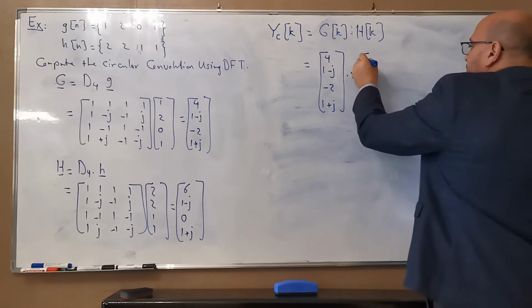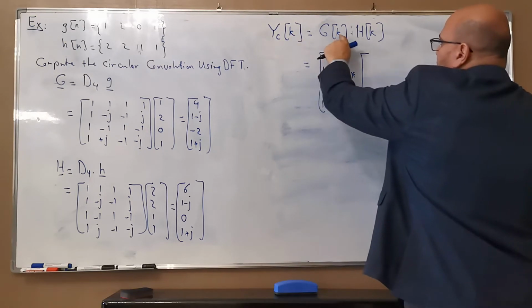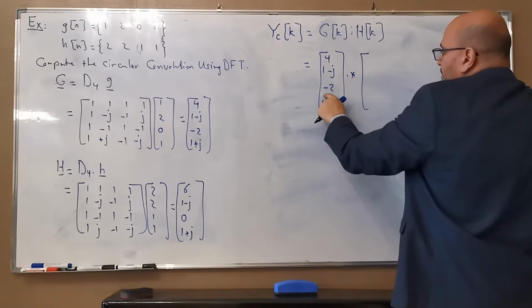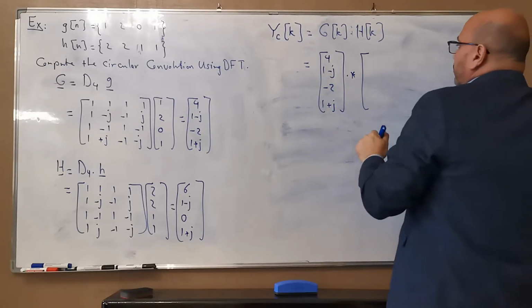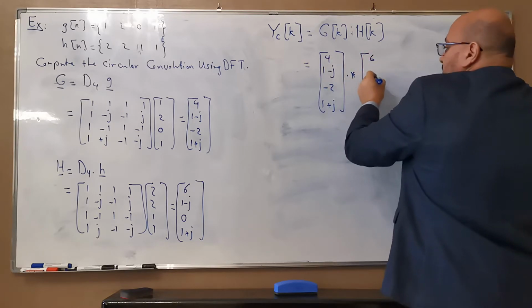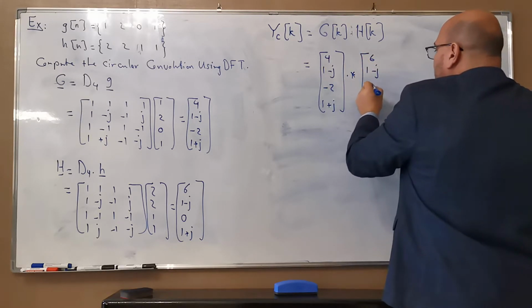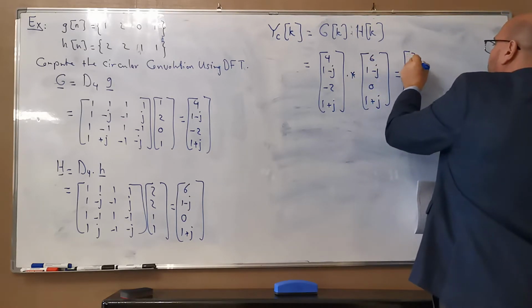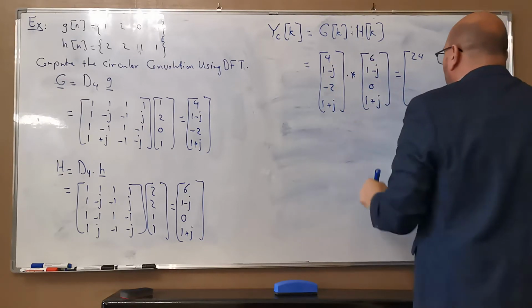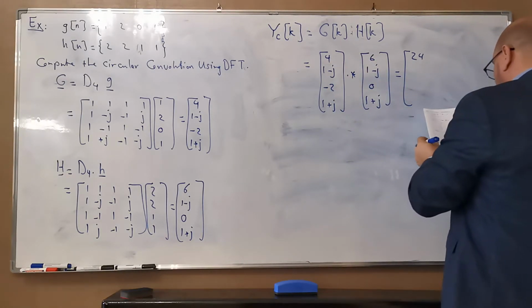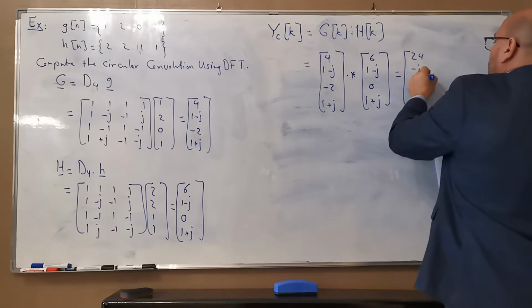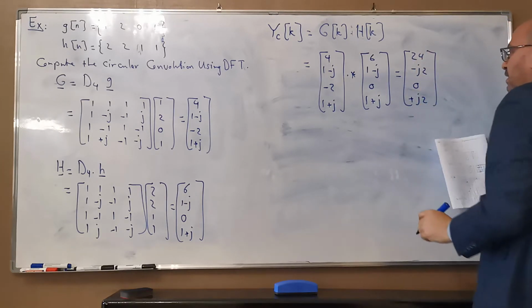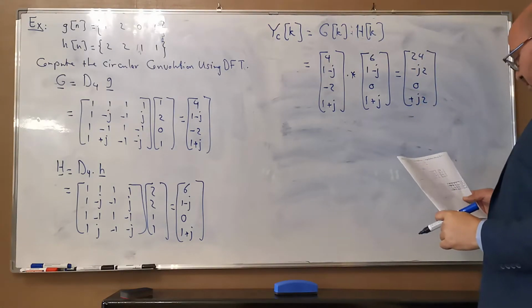So yc of 0 is g of 0 times h of 0. You multiply the first element with the first, second with the second, third with the third, fourth with the fourth. With 6, 1 minus j, 0, 1 plus j, the result is 24, 4 times 6, then 1 minus j squared, which is minus j2, 0, and plus j2. Okay? So this is yc of k.